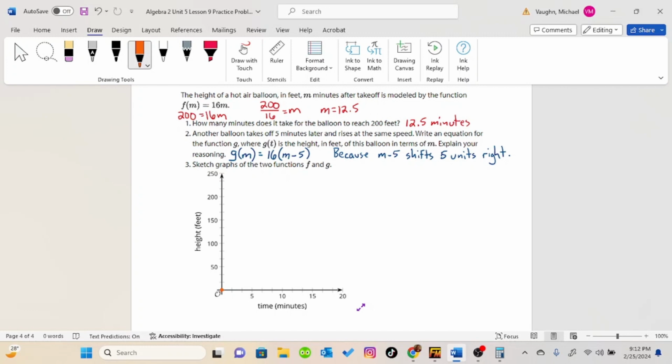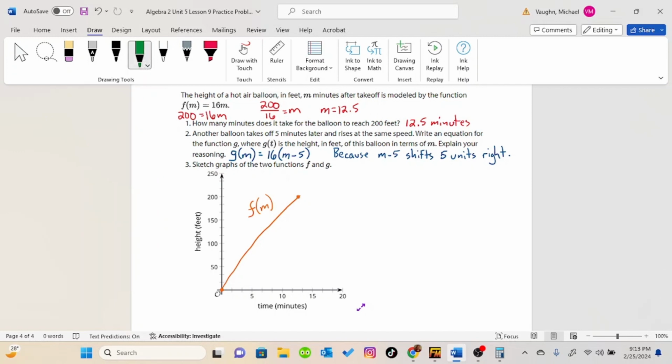We know that after 12.5 minutes, which is halfway between 10 and 15, it will reach its height of 200. And now we can draw the line connecting them. And this would be f of m.